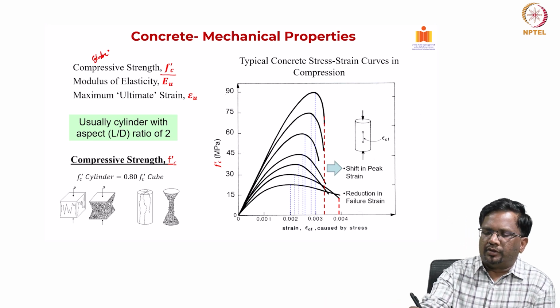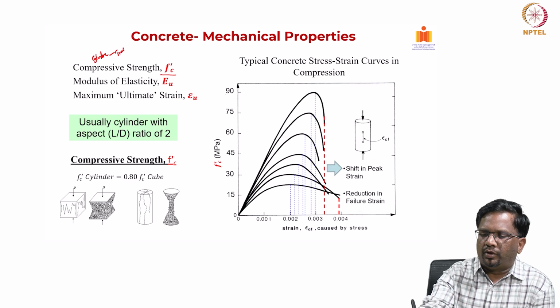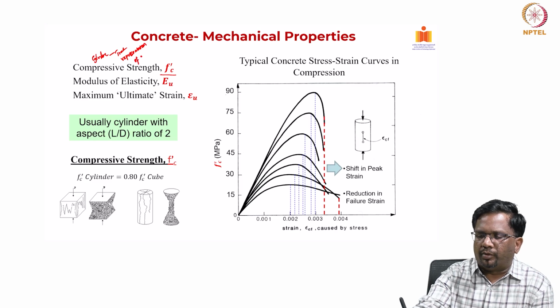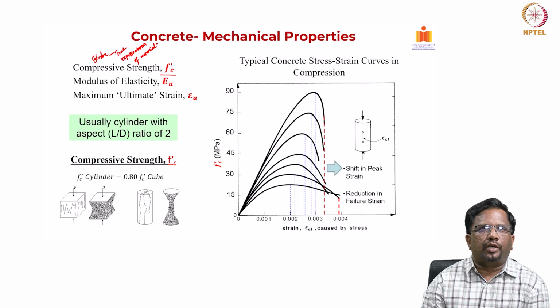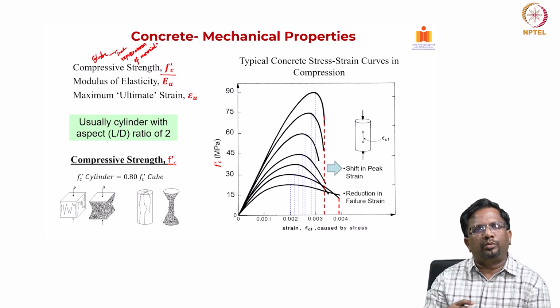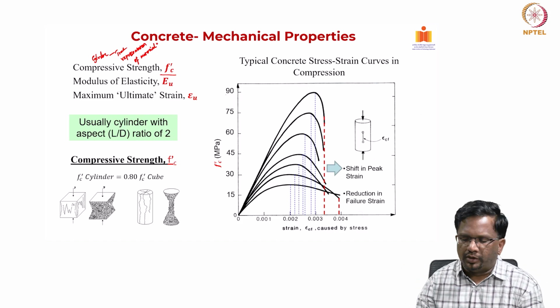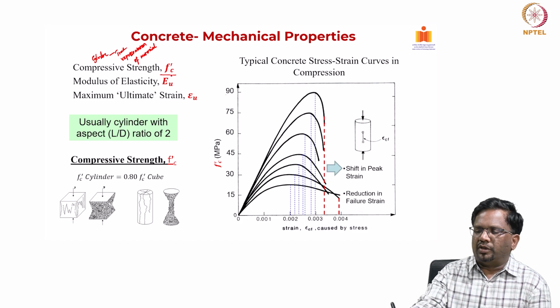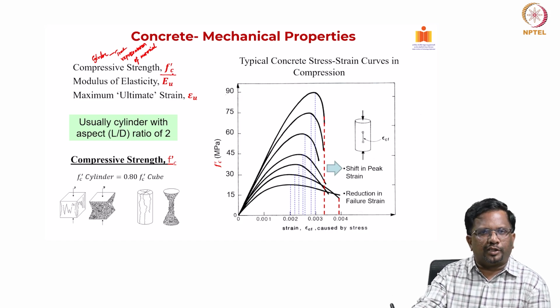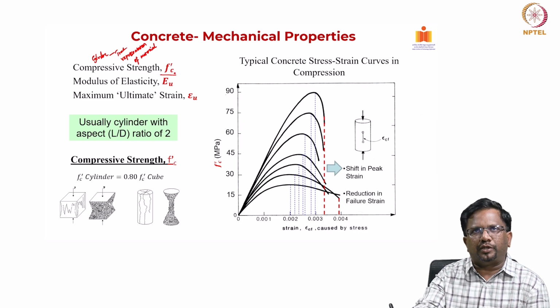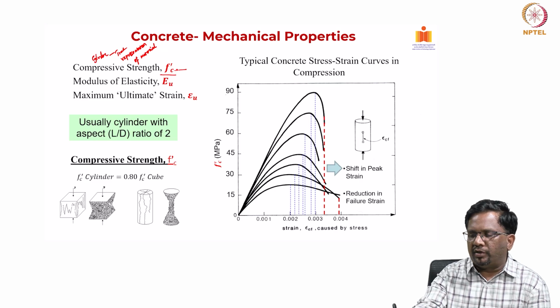So, this is the true representation of the concrete material property. You can also test cubes, but then a correlation should be used. So, this starts with f prime c, which is the maximum strength that a particular concrete can take, and f prime c stands for cylinder strength, as we have said.